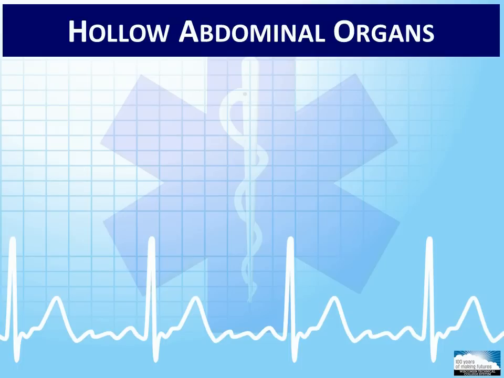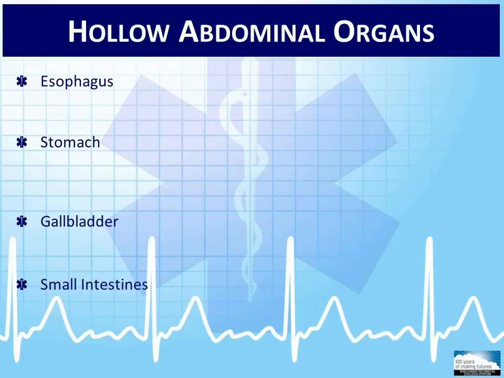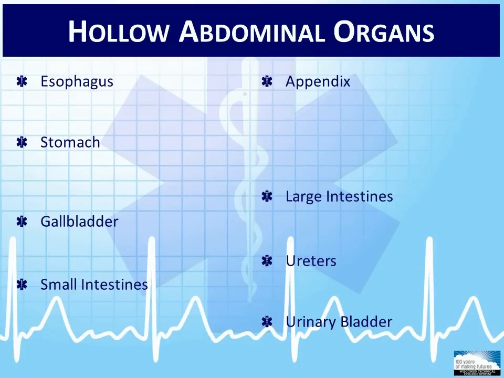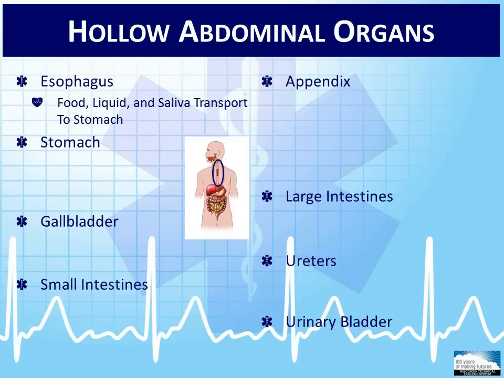Hollow abdominal organs include the esophagus, stomach, gallbladder, small intestines, appendix, large intestines, ureters, urinary bladder, uterus, and fallopian tubes. The esophagus is a long muscular tube that carries food, liquids, and saliva to the stomach. The stomach holds food and begins breaking it down with acidic gastric juices so the body can begin converting the food into energy.